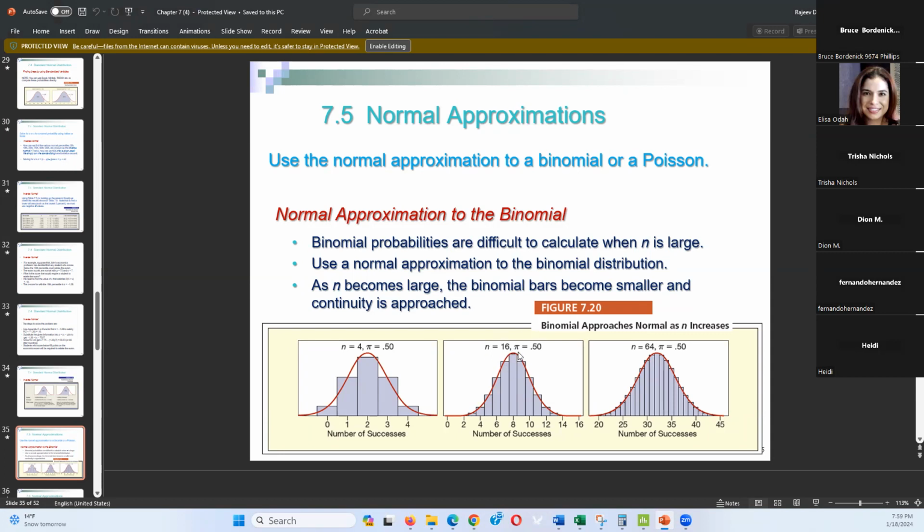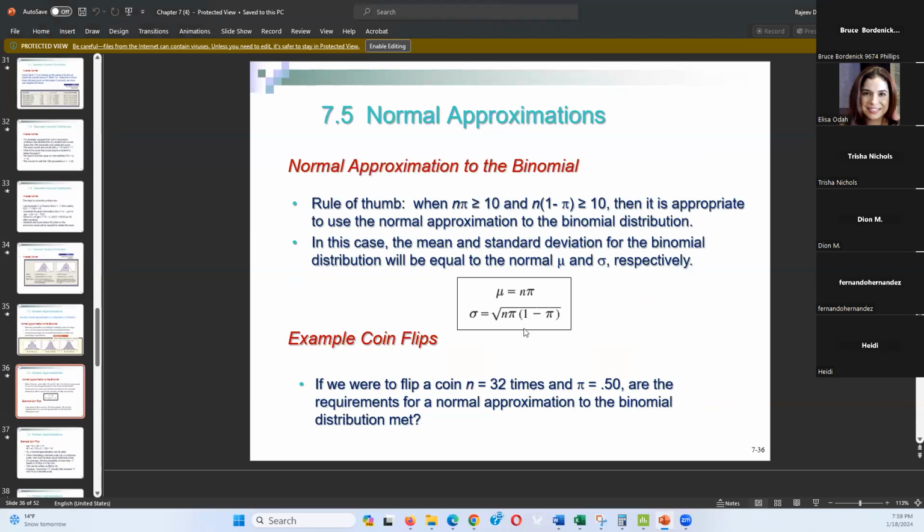So basically it comes to normal distribution, but there is a condition. Please remember this condition, because of many situations. When n pi, that is n times pi, is greater than or equal to 10, and n(1 minus pi) is greater than or equal to 10, then the binomial distribution also works like a normal distribution.